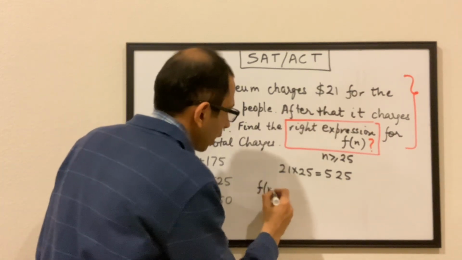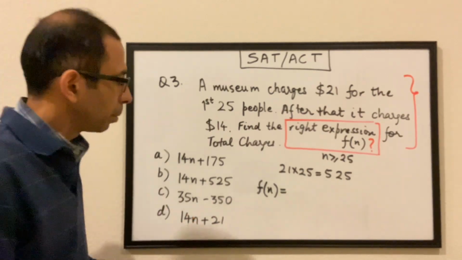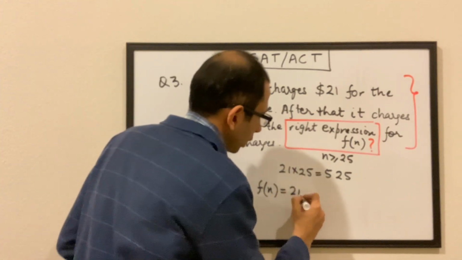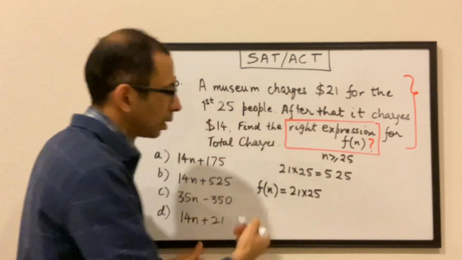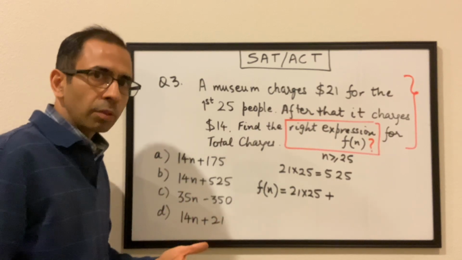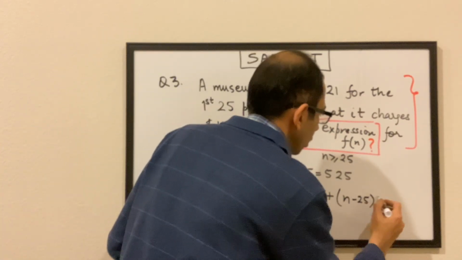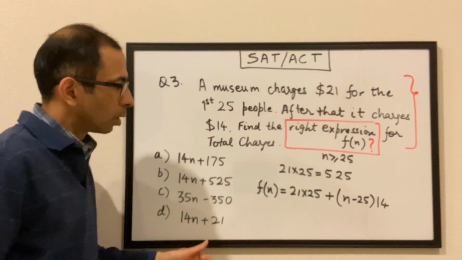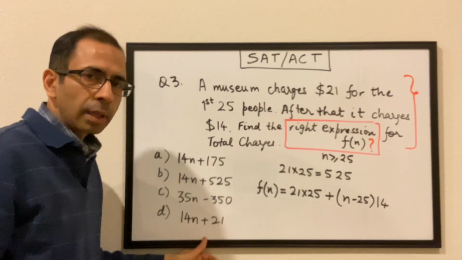Let's say f(n) is the function of the total charges of all the n people. So 21 times 25 is the charge for the first 25 people, and then for the remaining people, which will be n - 25, the charge is $14 each. So this becomes the total charge for all n people.